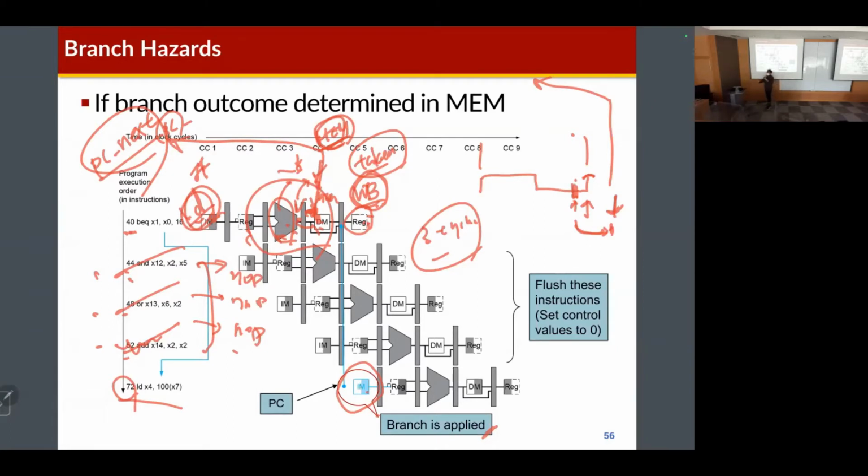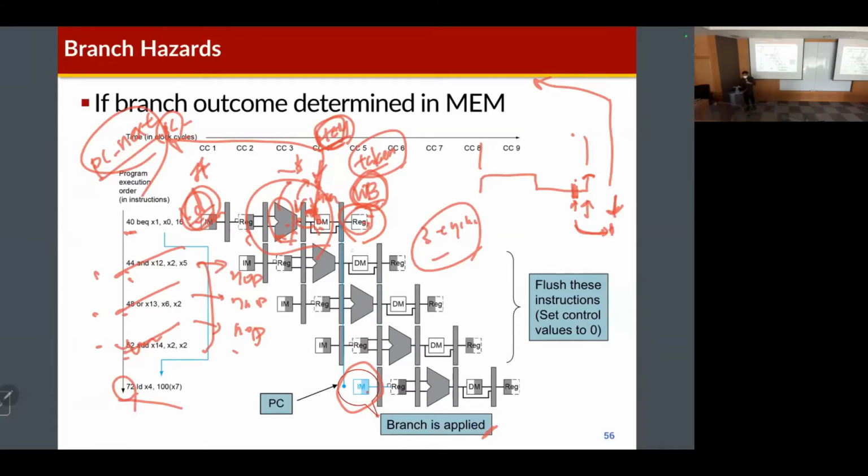And then based on the result of this branch instruction, the next PC value is updated. And then this next PC value is reflected to the current PC value when the branch instruction is in the write back stage.